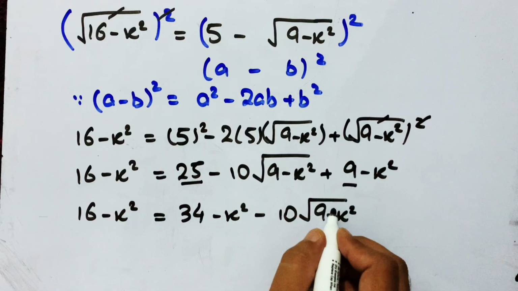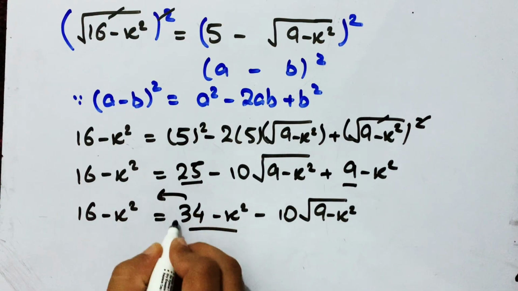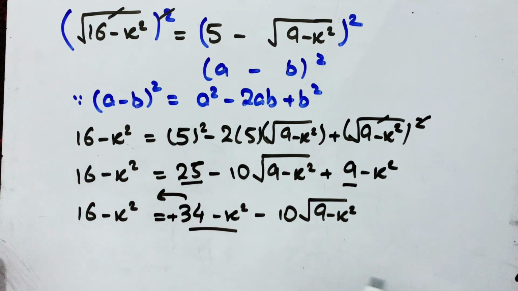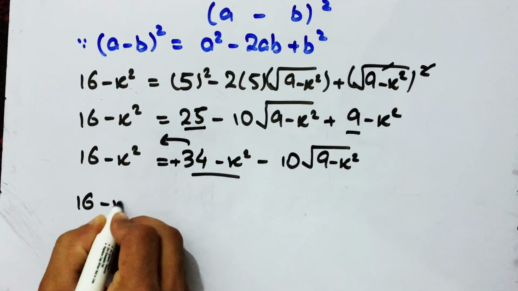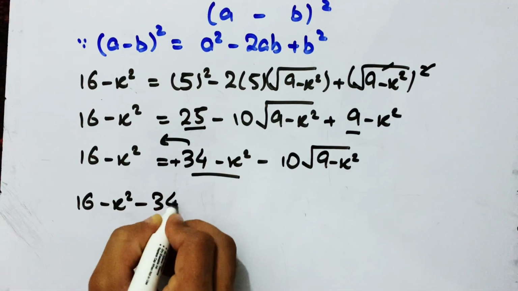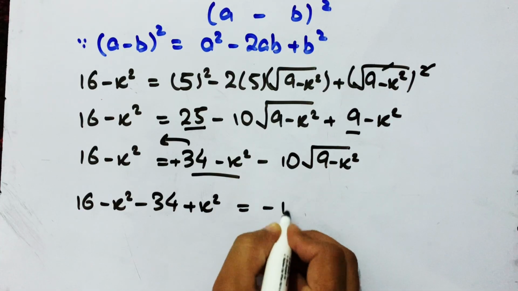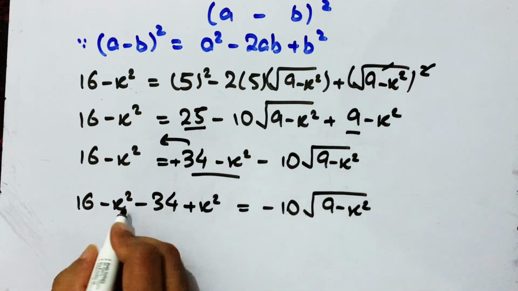This term here goes to the opposite side, meaning positive goes negative, and the negative term becomes positive. So the equation is 16 minus x square minus 34 plus x square is equal to minus 10 square root of 9 minus x square.